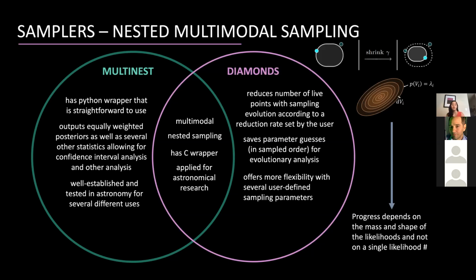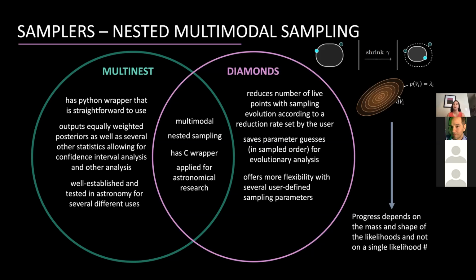This can be very cool if the user has an in-depth view about their fit and knows that a reduction rate might work very well with their sampling, making it a lot faster and more efficient. But it can also be a con, because if the user doesn't know very well about their sampler or the models that they're sampling, the reduction rate might actually be an obstruction to the fitting.